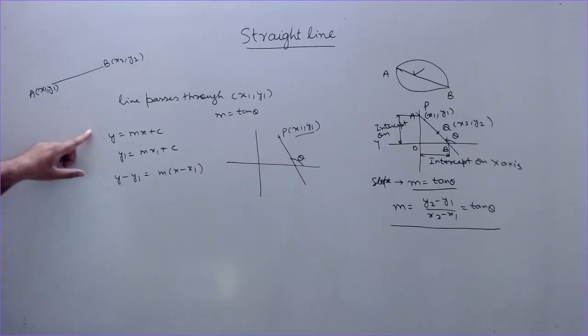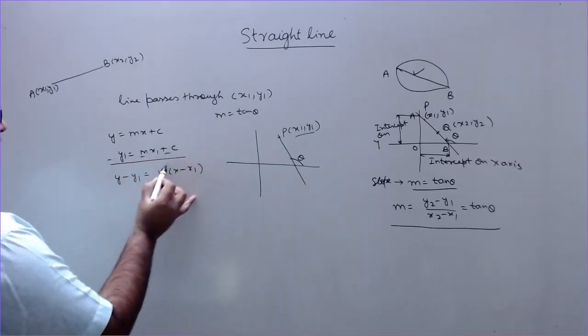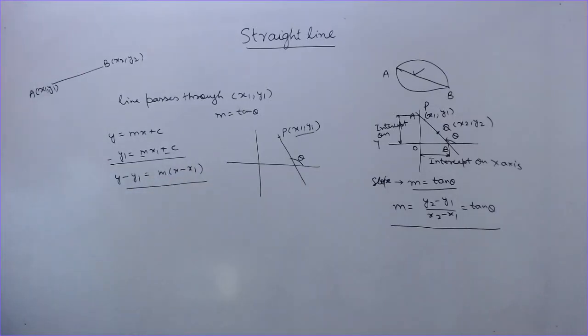So this equation you can also obtain by solving these two. If you solve these two equations, subtract this from this, you will get the same relation. So x1, y1 is a point through which the line is passing, and m is the slope of the line.